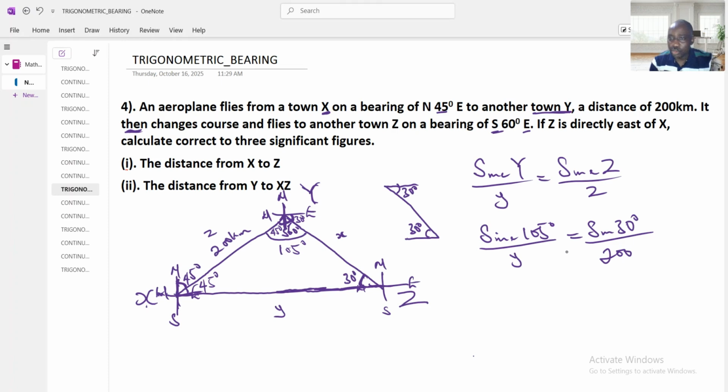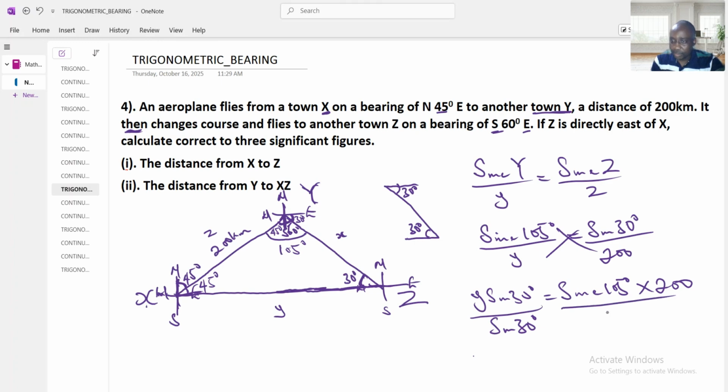Now the next thing we are going to do is cross multiplication. y times sine 30 degrees equals sine 105 degrees multiplied by 200. Divide both sides by the coefficient of y, which is sine 30. Now we are going to use our calculator to find the final answer for small y.